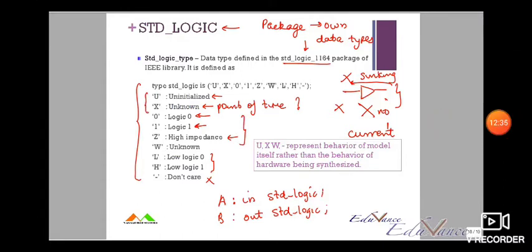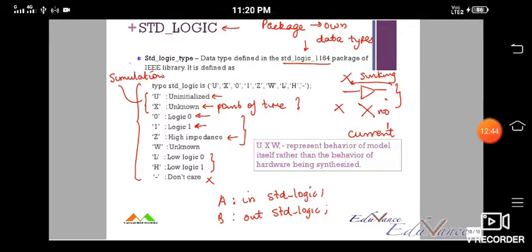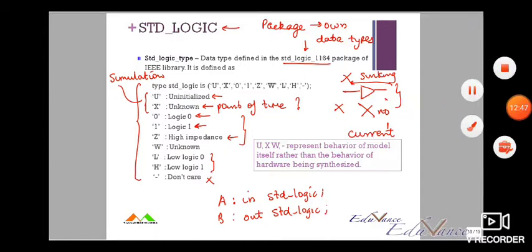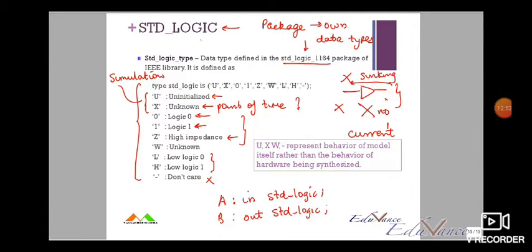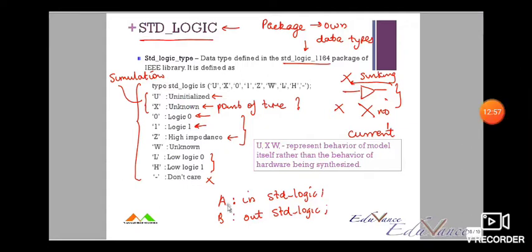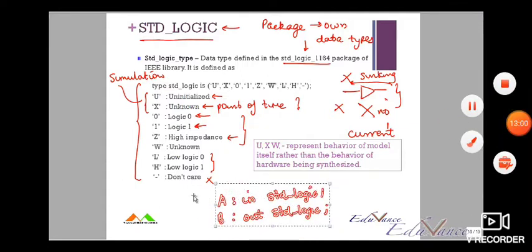U and X, uninitialized or unknown, is purely for simulation purpose. That is when you want to simulate your design and not actually implement it, just simulation. That's when you would look at uninitialized and unknown. So as you see, std_logic covers the most realistic forms of values.